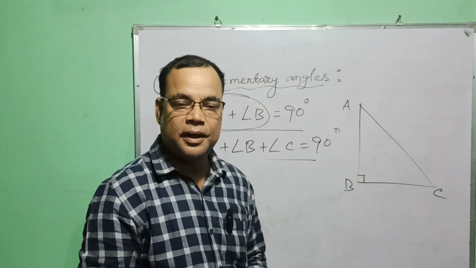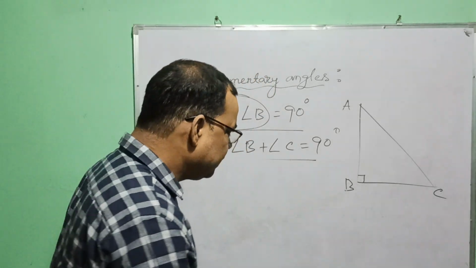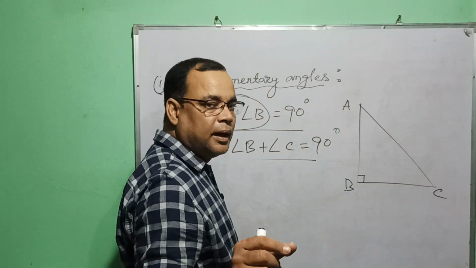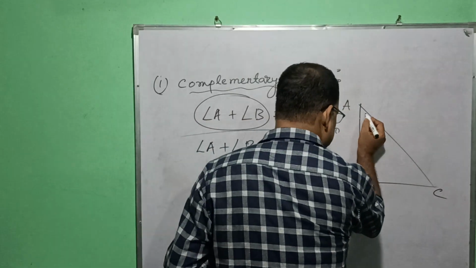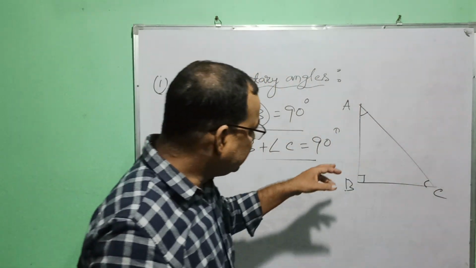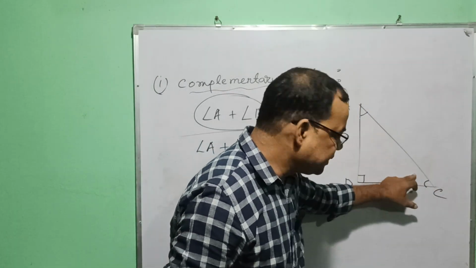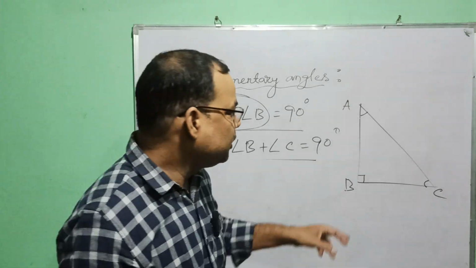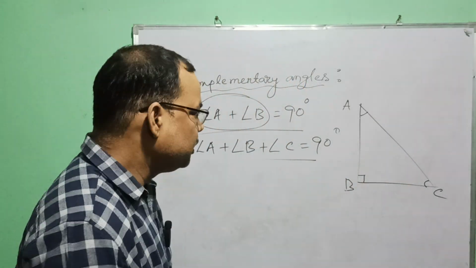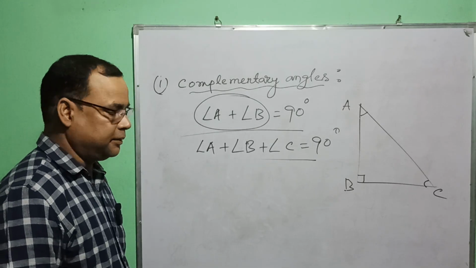It means the sum of the three angles of a triangle is 180 degrees. So if B is 90 degrees, then the remaining angles sum to 90 degrees. It means angle A plus angle C is 90 degrees. So we can say that angle A and C are complements of each other, or complementary angles. So this is all about complementary angles.